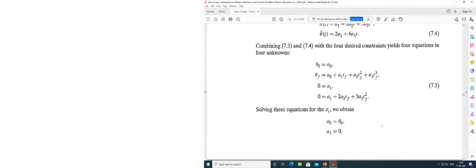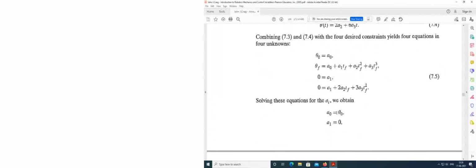Now we have 4 equations and 4 unknowns, and if we solve, we get a0 is equal to theta naught, a1 is equal to 0, and a2 and a3 are given by this equation. That's how we construct the trajectory if we use cubic polynomial.